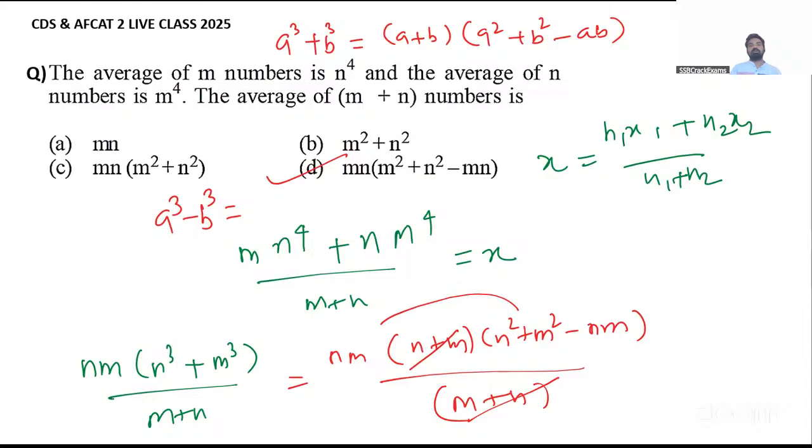It is also easy, but write in the chat box. What is a cube minus b cube?